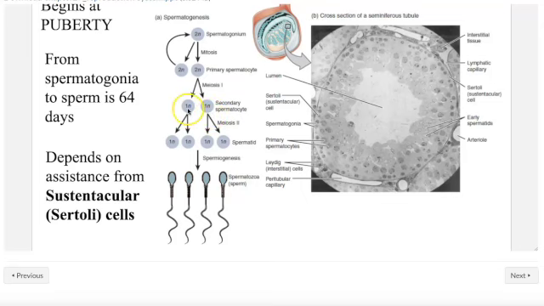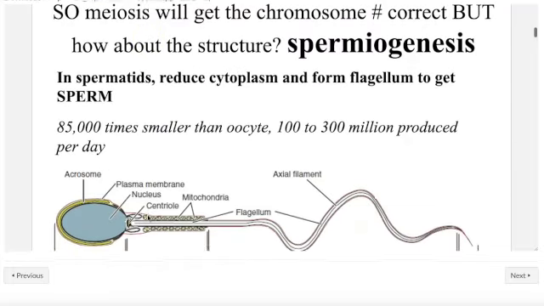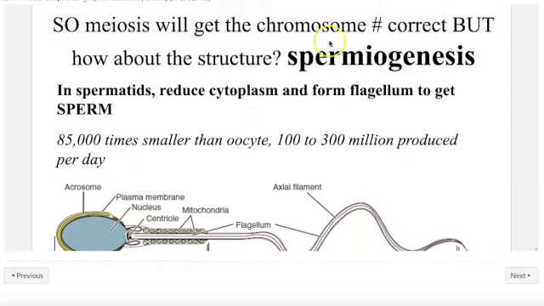And then meiosis 2, where each of these divides into two different ones, each one carrying 23 chromosomes. So this is what meiosis looks like. Of course, this one will go back to here and be further divided into more. So meiosis will get the chromosome number correct. Okay, what about the structure?